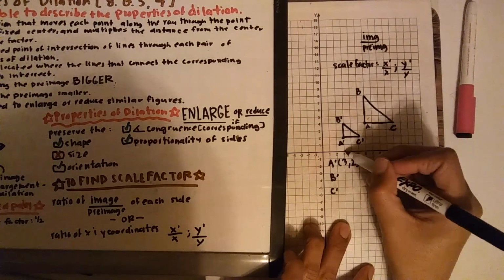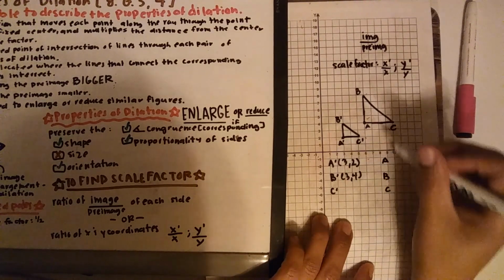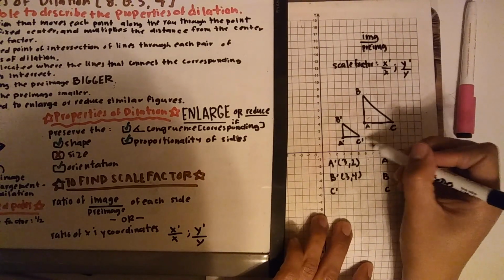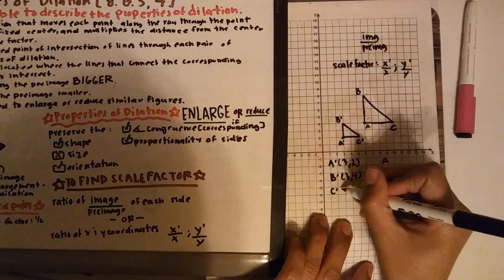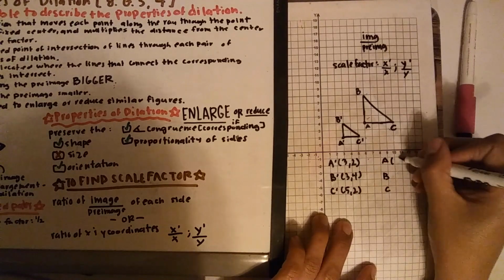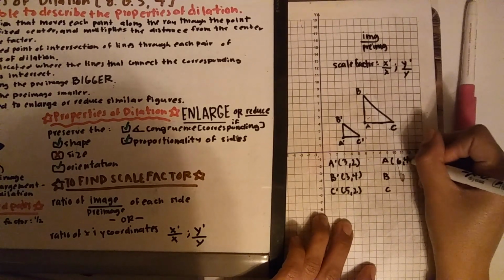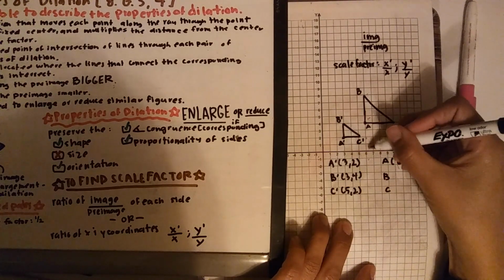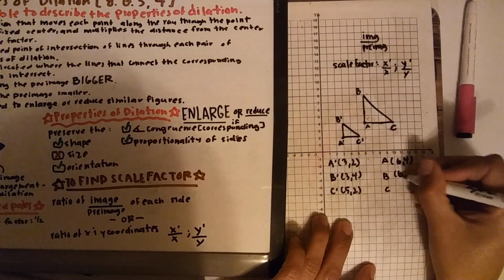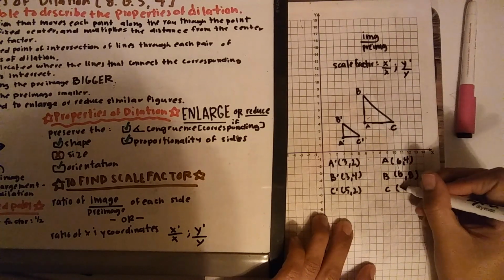Then I have 3, 4. And then I have 5, 2. And on this one I have 6, 4. And then I have 6, 8. And then I have 10, 4.